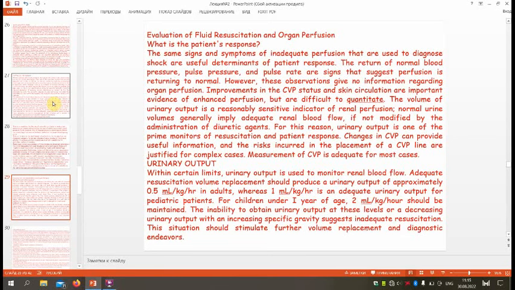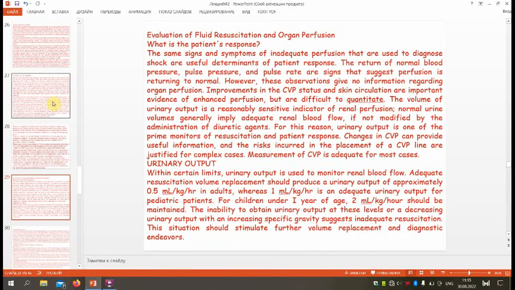Urinary output. Within certain limits, urinary output is used to monitor renal blood flow. Adequate resuscitation volume replacement should produce a urinary output of approximately 0.5 milliliters per kilo per hour in adults. One milliliter per kilo per hour is an adequate urinary output for pediatric patients.